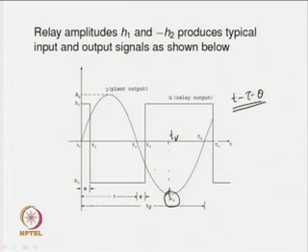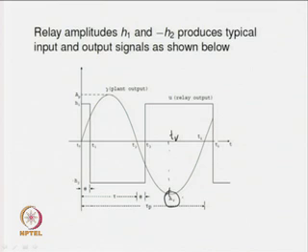Keep in mind, during which we have got the input to the system u(t minus tau minus theta) equal to plus h1. So, proper input is to be applied to obtain the negative peak of the sustained oscillatory output.